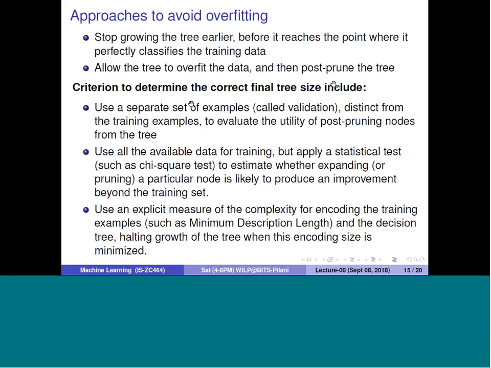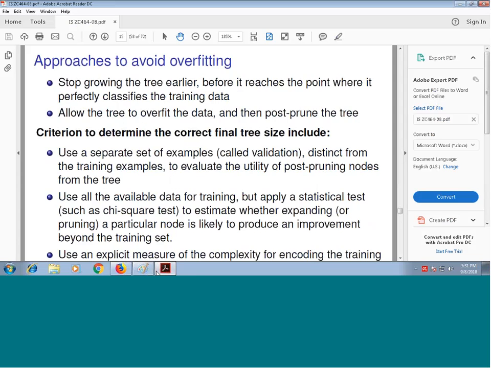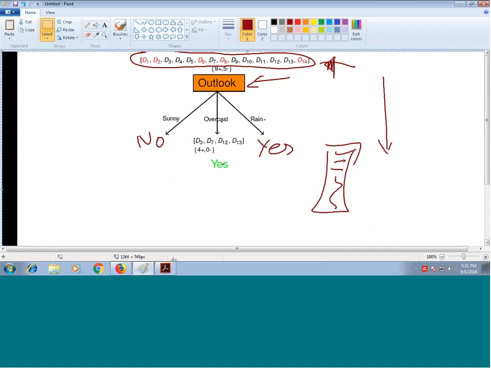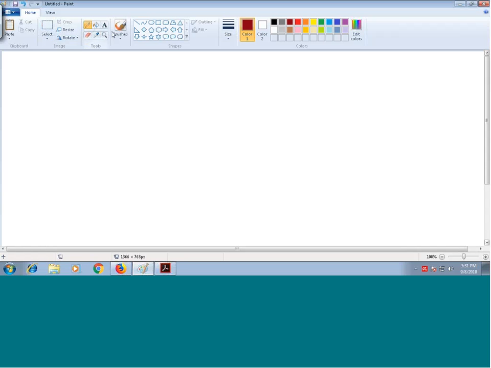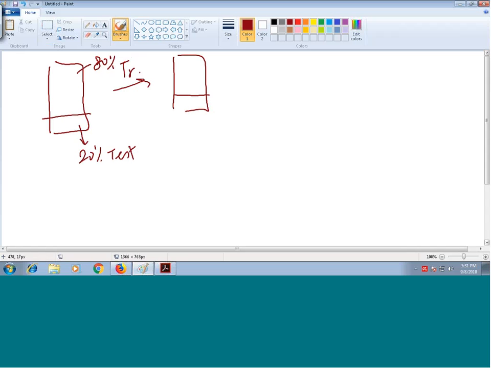We have discussed earlier that if you have a database with this many items, you take 80% of the items for training and 20% for testing. Typically, though not always, out of these 80% you take 70% for actual training and 10% for validation.